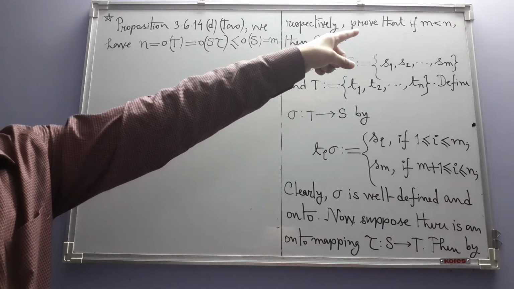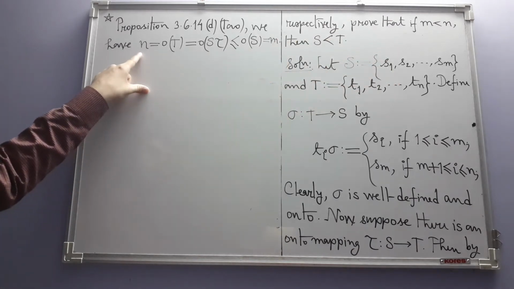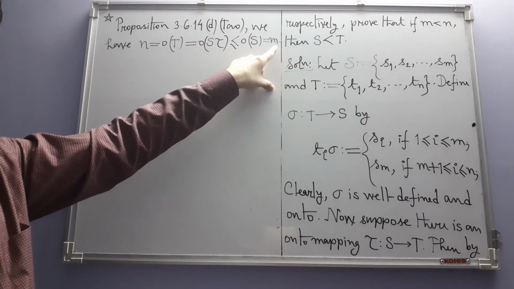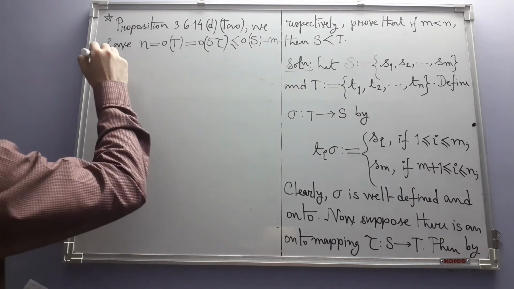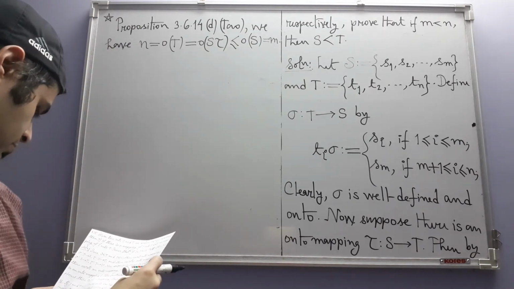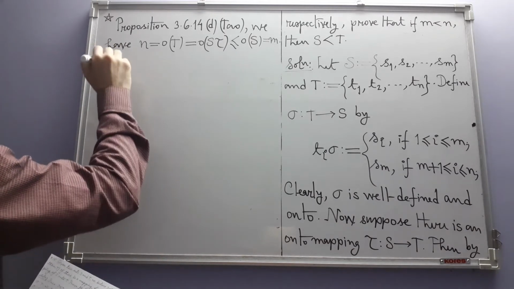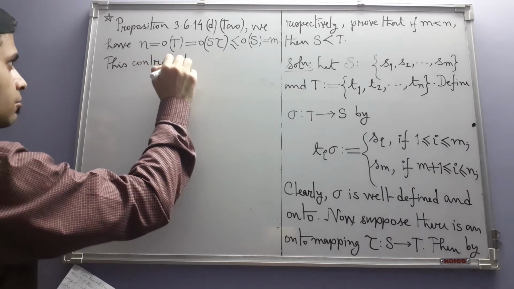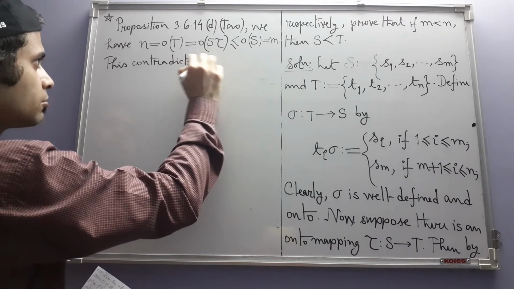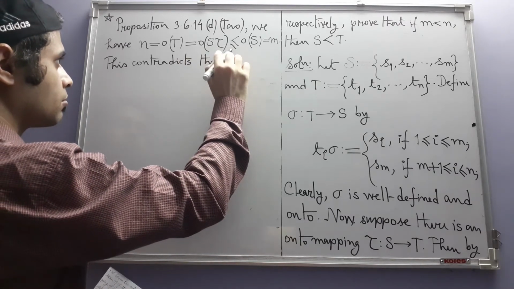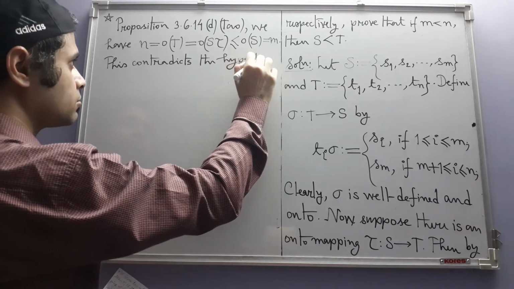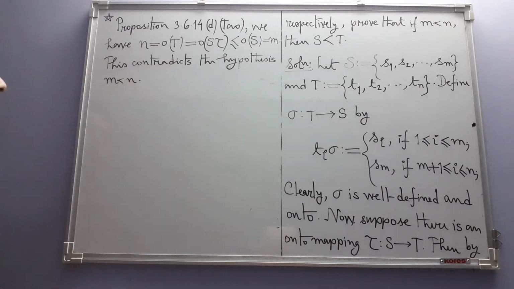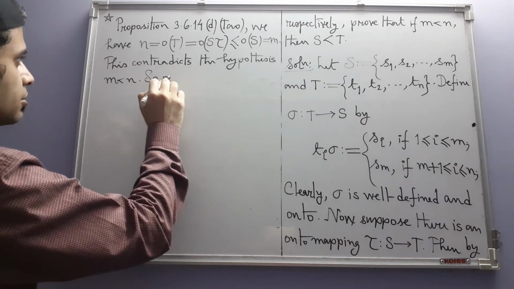In the hypothesis it is given that M is strictly less than N. Here, however, we have got N is less than or equal to M, or M is greater than or equal to N. This contradicts the hypothesis M less than N. So our supposition is wrong.